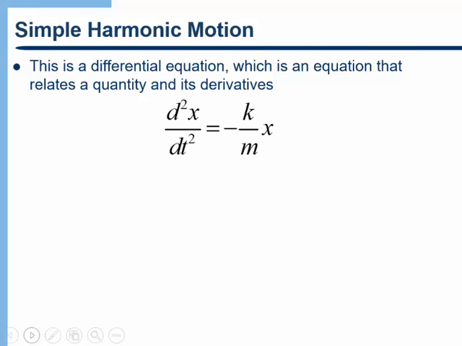Now, you may never have seen an equation that looks like this, that has a variable and one or more derivatives of the variable. This is called a differential equation. A differential equation is just an equation that relates a quantity, in this case x, with one or more of its derivatives.